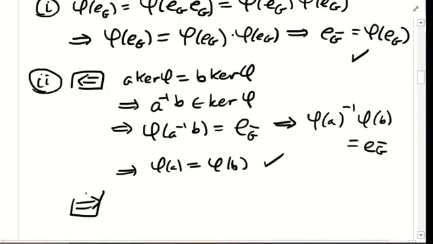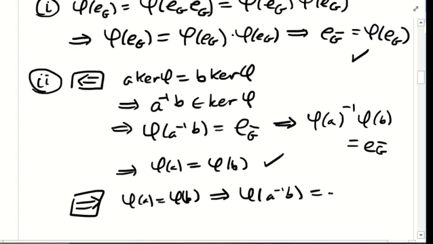This way, right? I can basically just go backwards. This implies that phi of A inverse B is equal to the identity, and that means that A inverse B is in the kernel, and that's what we needed to show, right?